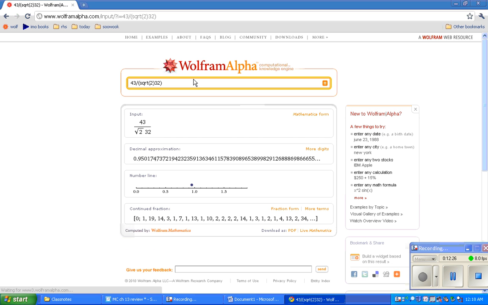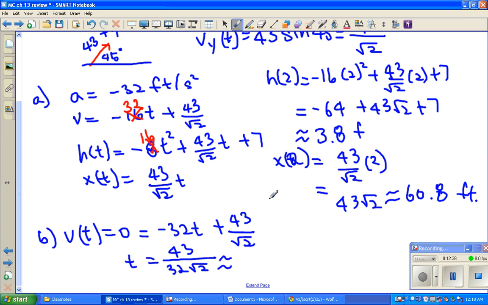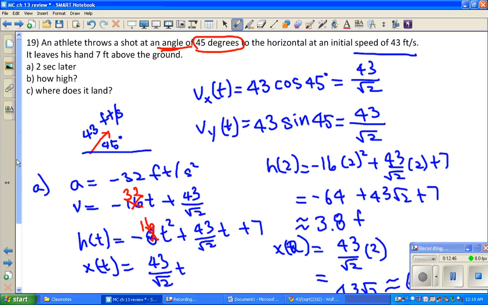And our answer is about 0.95. Now, 0.95 here means 0.95 seconds later. Now let us go for part C.